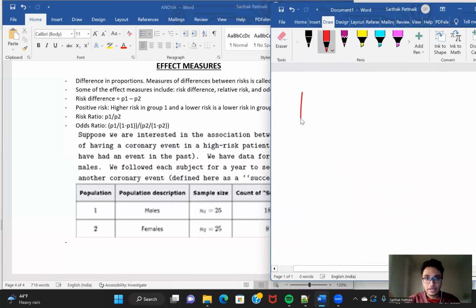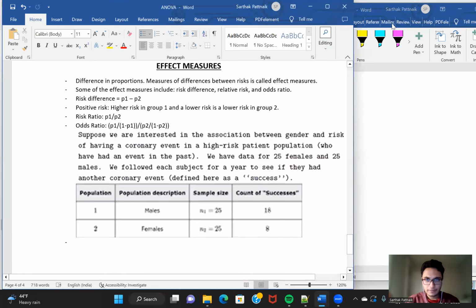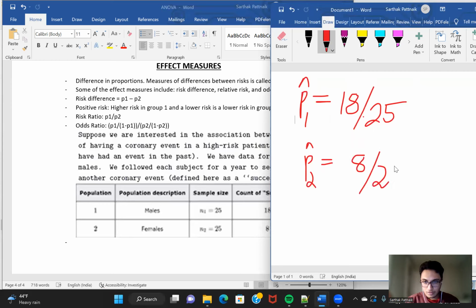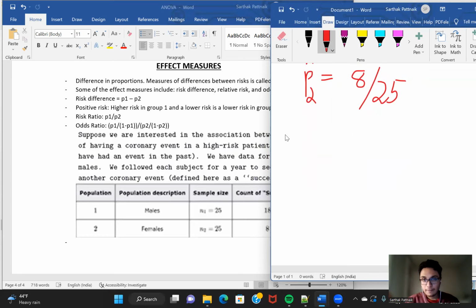Accordingly, you calculate P1 cap and P2 cap. After calculating both, you are ready to calculate your effect measure estimates.